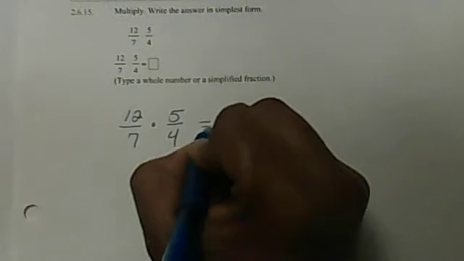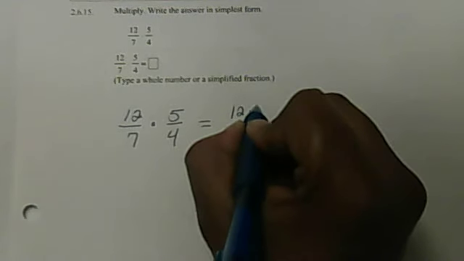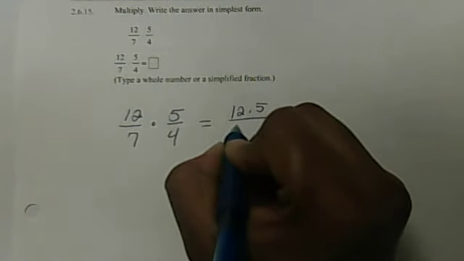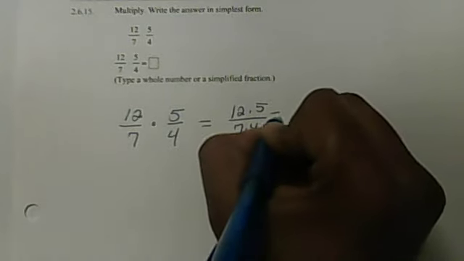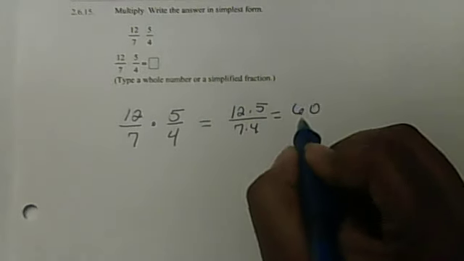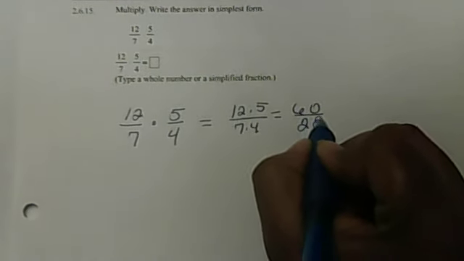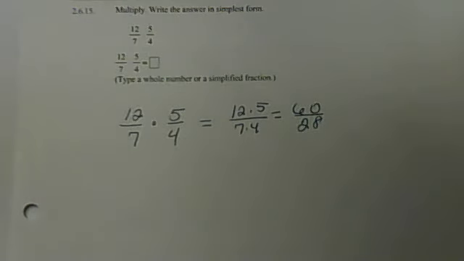Yes, now you can reduce in your calculator, but that was the convention to start it off with. So you would have 12 times 5 over 7 times 4, which would have been 60 over 28. Then, after you get 60 over 28, you have to go back and reduce. Find a GCF.